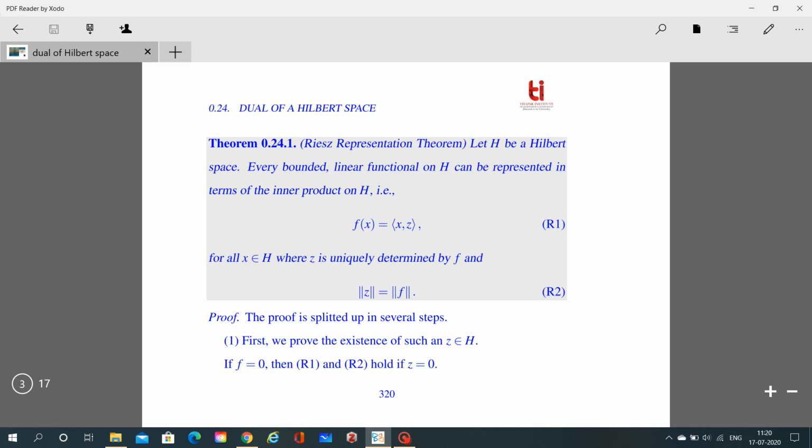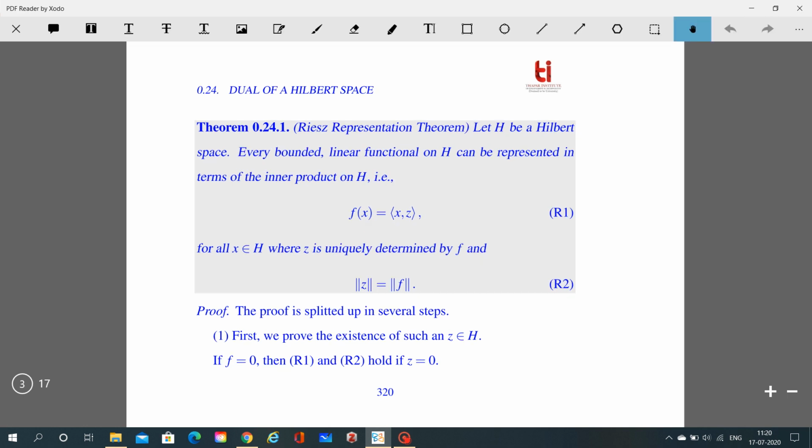So we discuss the proof of this theorem. The proof will be separated into some steps.